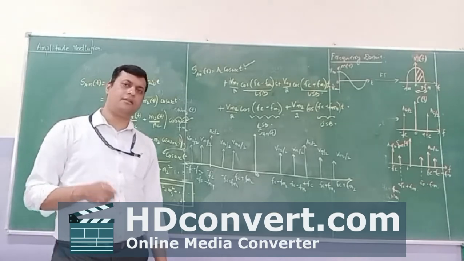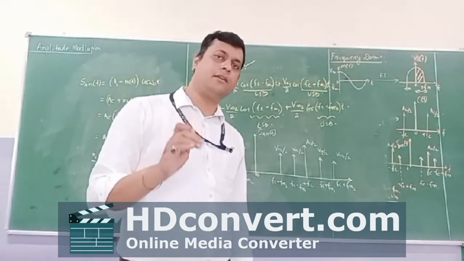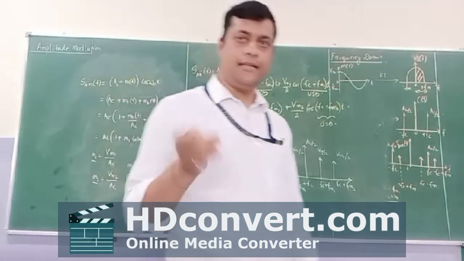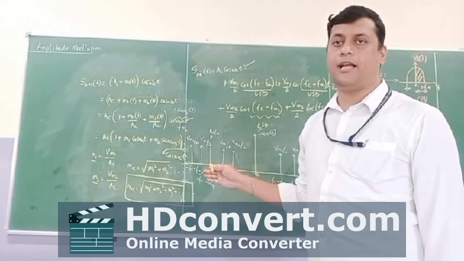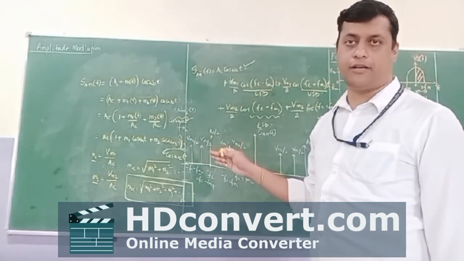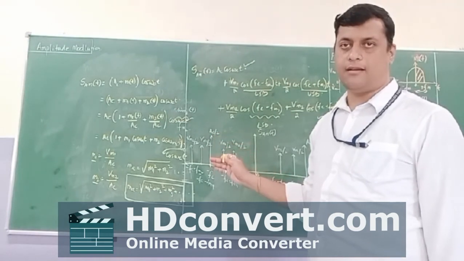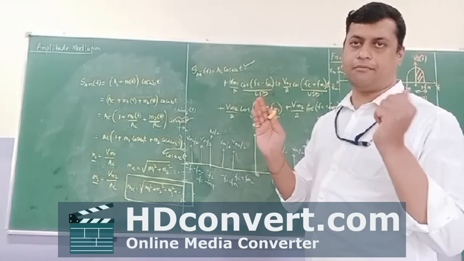Whatever modulation indices we identify individually first, then the net modulation index we identify with the help of the relation MA is equal to root over of m1 square plus m2 square plus m3 square dot dot dot, up to however many modulating frequencies are available.